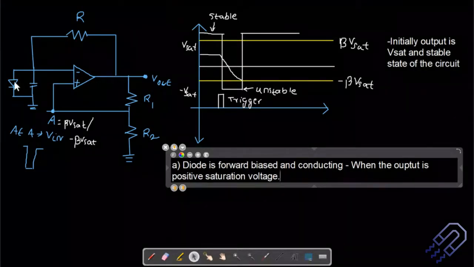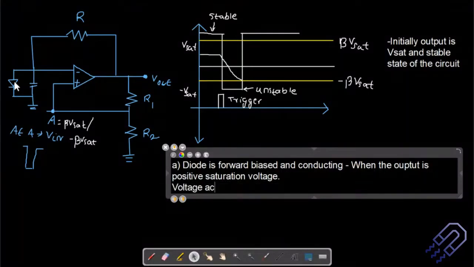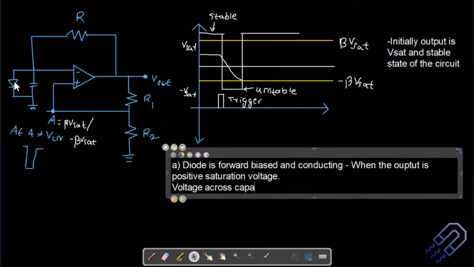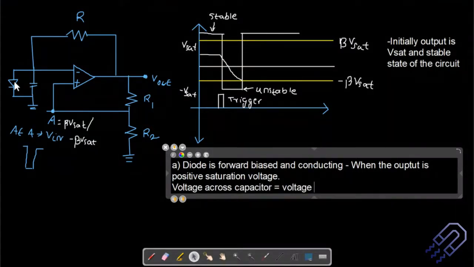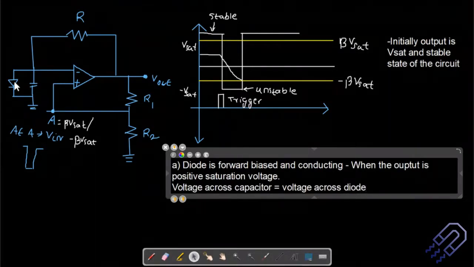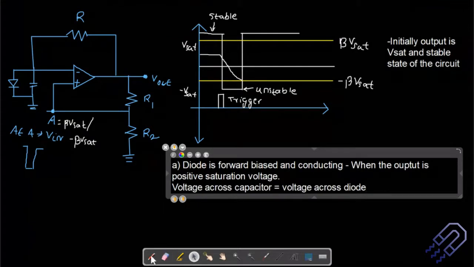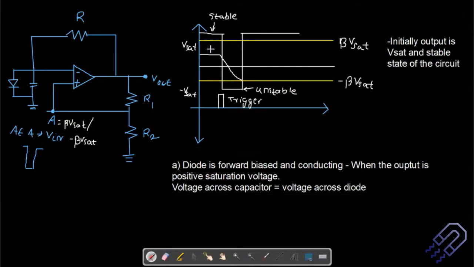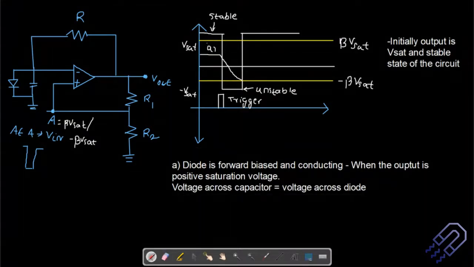So in this condition, the voltage across the capacitor is equal to the voltage across the diode, and this is the state where there is no triggering happening. We're not saying that there is any kind of triggering. So this state is A.